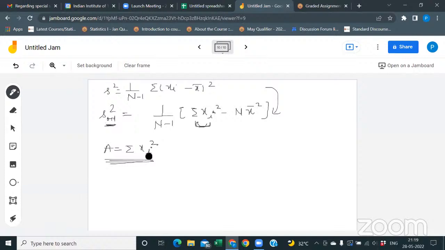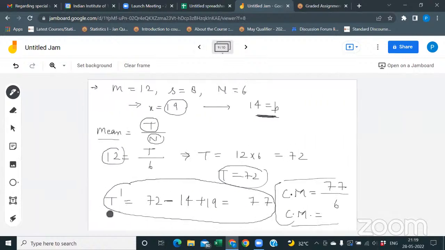Are you getting my point or not? In the previous step, you calculated the corrected sum of observations and the corrected mean, right? Till this point, it's clear?